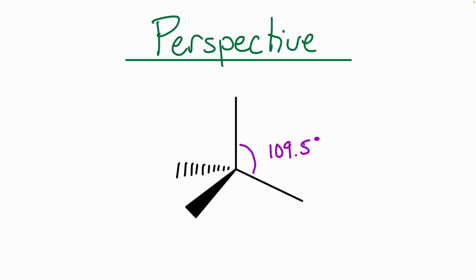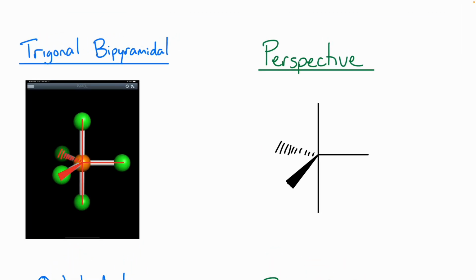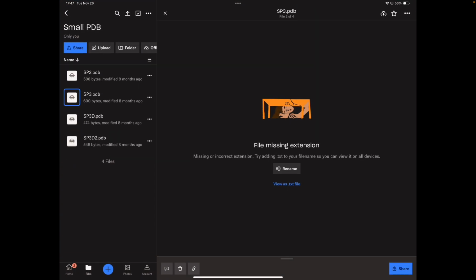All right, we just got to know a tetrahedral is 109.5. All right, our trigonal bipyramidal. This one's one of the tougher ones. Let's actually pull this up in our little fancy program here.